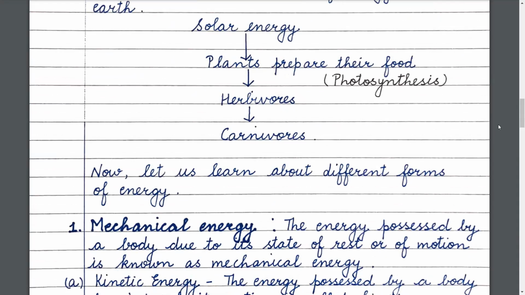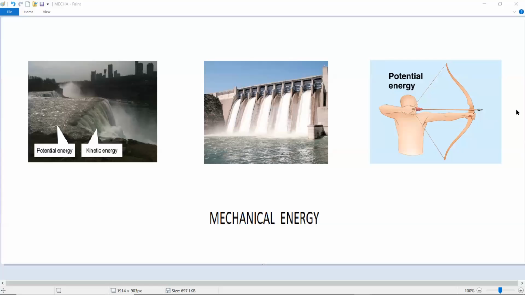The energy possessed by a body due to its state of rest or of motion is known as mechanical energy. Mechanical energy is further of two types, kinetic energy and potential energy.